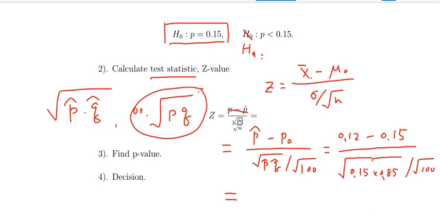Okay, so we find this equals negative 0.84. So this is the z value.